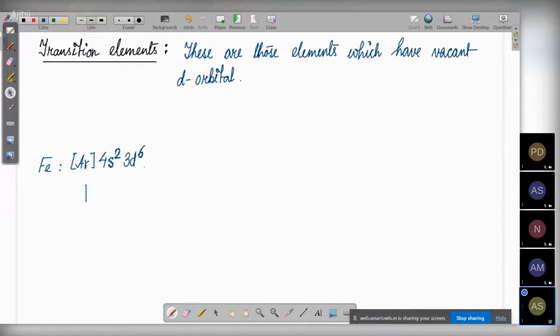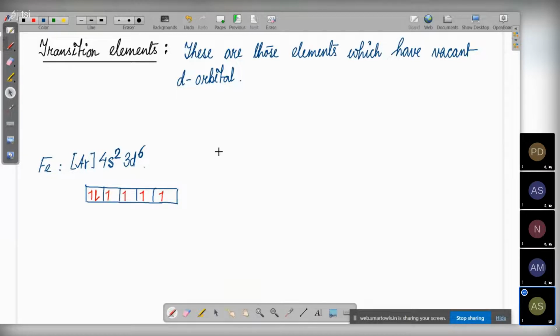Let's draw the box diagram also, so you can feel that even better. Here, as you can see, 4 more electrons can be fitted in iron. So that means it has a partially filled or vacant d orbital. Hence, iron is a transition element.